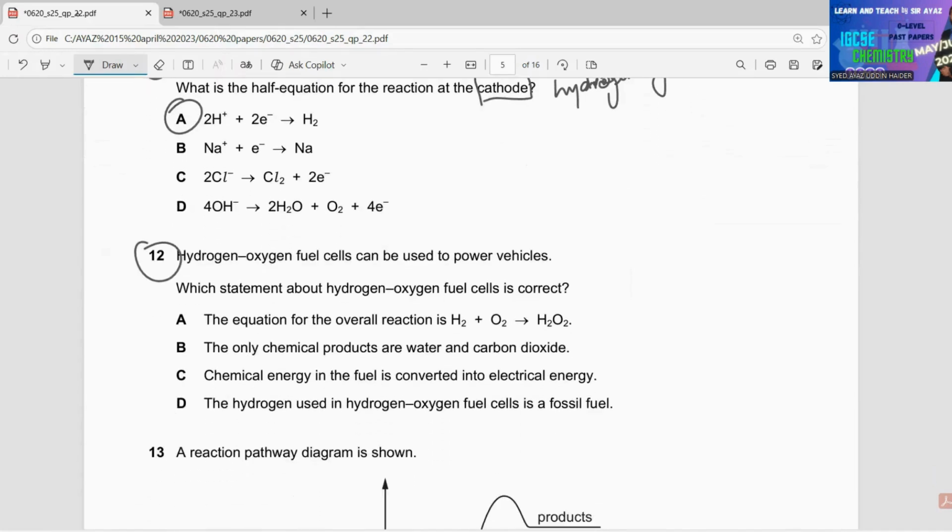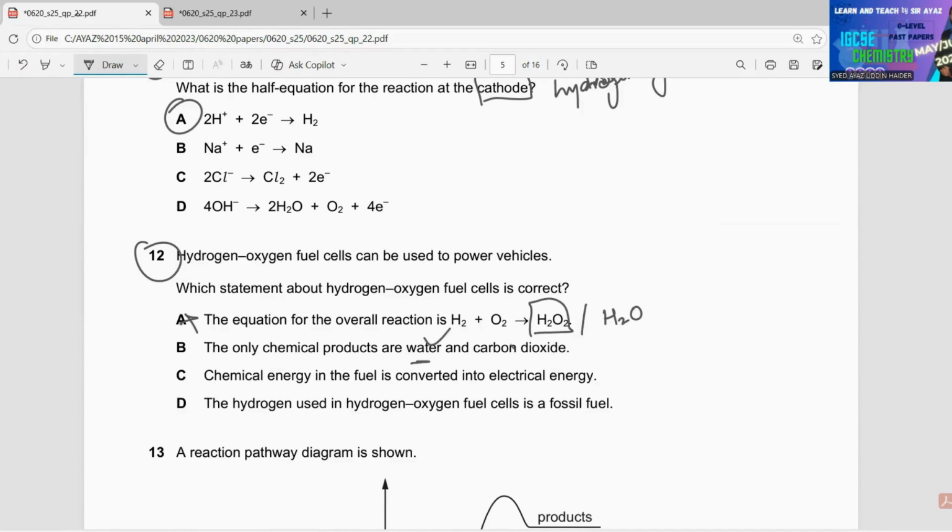Number 12. Hydrogen oxygen fuel cells can be used to power vehicles. Which statement about hydrogen oxygen fuel cells is correct? Equation for the overall reaction is H2 plus O2 gives H2O2. This is incorrect because we will get H2O, not H2O2. B, the only chemical products are water and carbon dioxide.